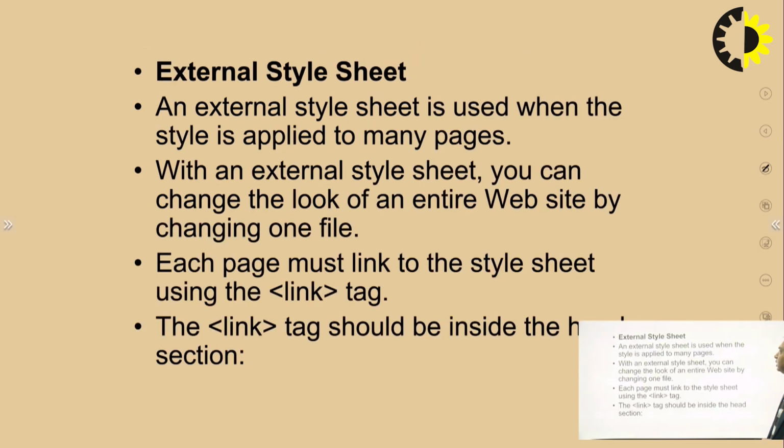In case of external CSS, we have an external file of CSS and it will be stored with the .css extension. The external file is written only one time, and it is applicable on all the web pages whenever you include this external file. To include this external file in a web page, we must use the link tag.